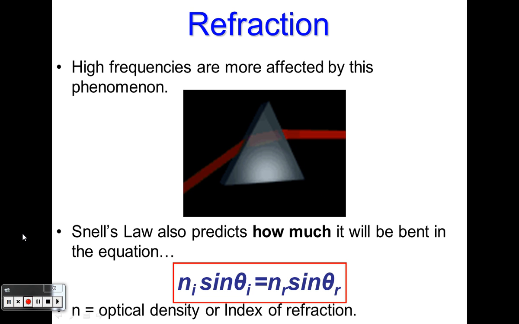As we are using this equation, obviously we're going to have to use our sine function on our calculator, but we'll go into more of that when we do some practice problems.